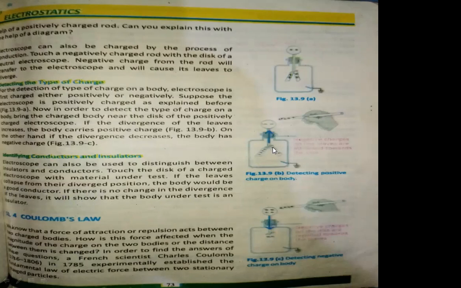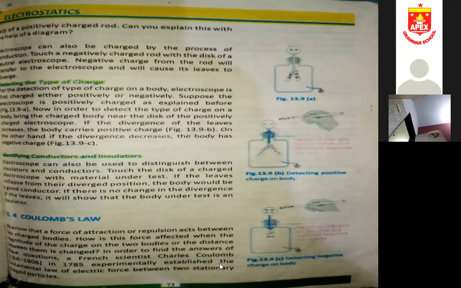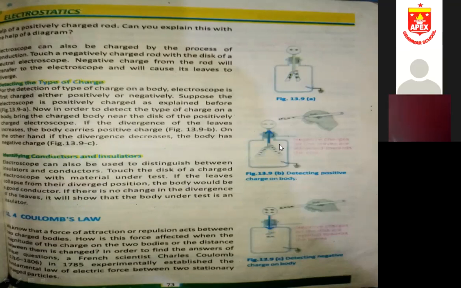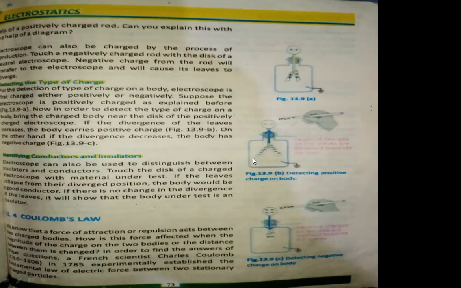If there is no change in the divergence of the leaves, it will show that the material under test is an insulator. If they remain at their own position, then the material under test is an insulator.